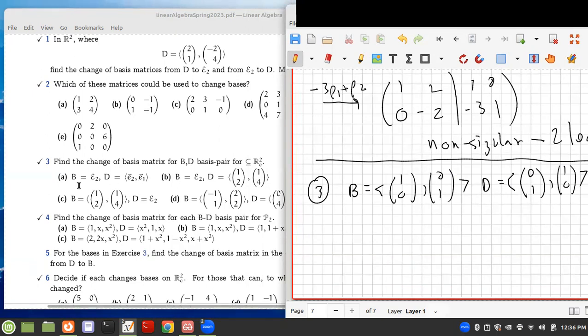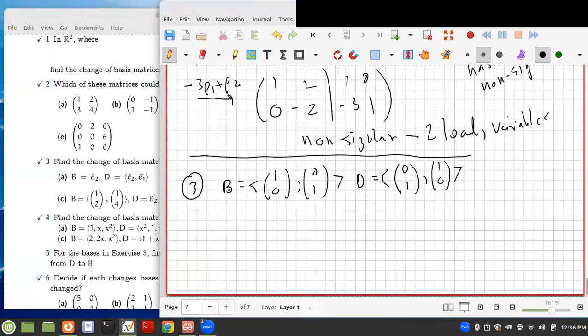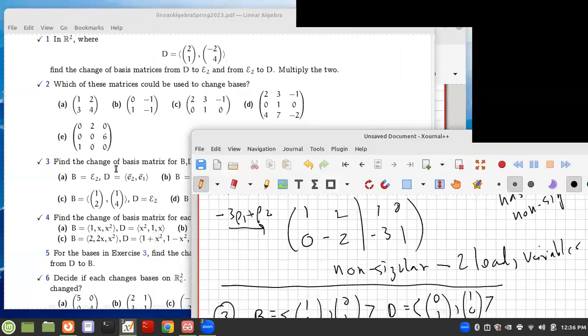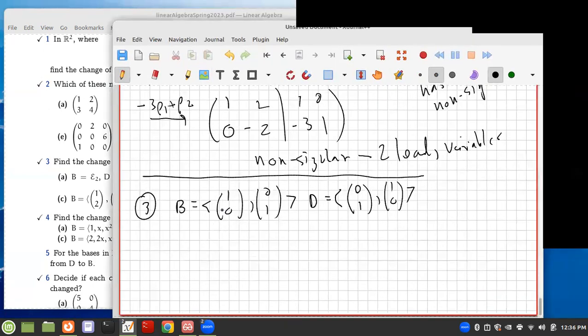The cryptic part is to understand the notation. So the question is, what is the change of basis matrix that maps a vector v in basis B in R2 to the same vector in basis D? See if you can find that matrix. Its notation would be identity B to D.